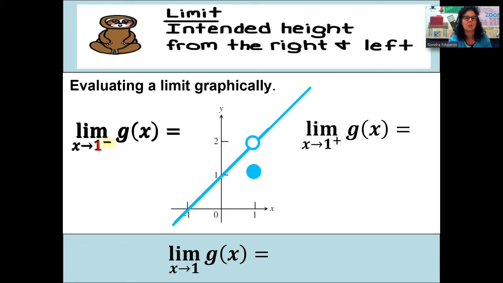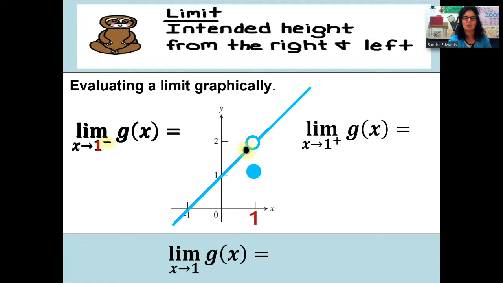All right, so let's say that I substitute in negative 0.5 into the g function. That is a number really close to 1 from the left. We get an answer out of about 0.5. Then I substitute in 0, which is a number even closer to 1, and I get out an answer of 1.